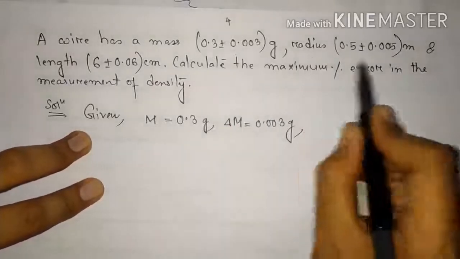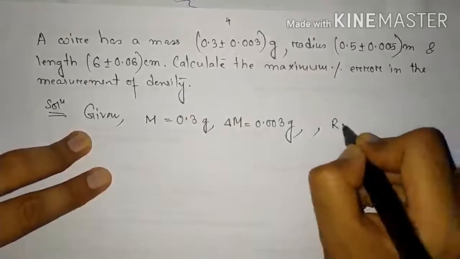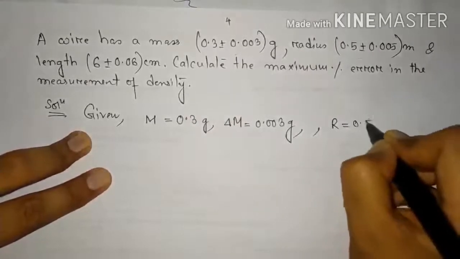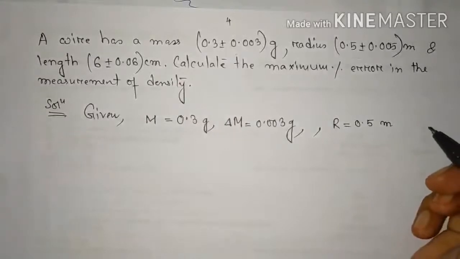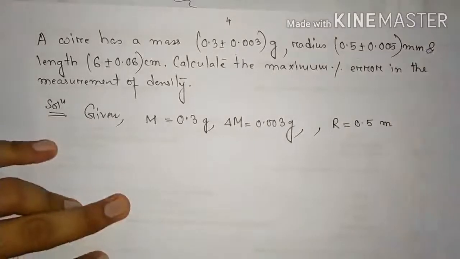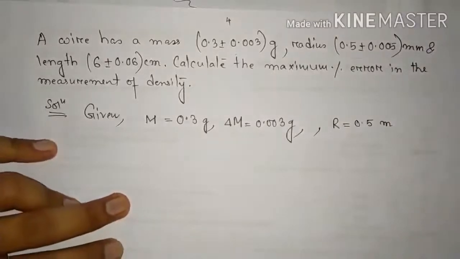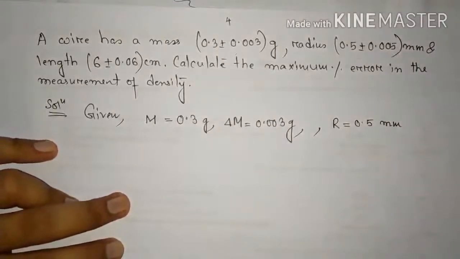Now see the radius. If r is the radius, then r is nothing but 0.5 millimeter. In the question it is written to be millimeter, although it's not a matter whether it's in millimeter or centimeter.